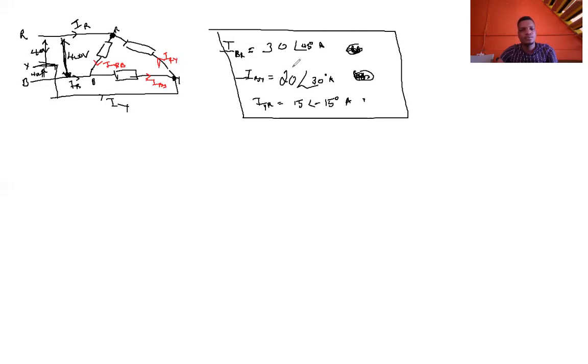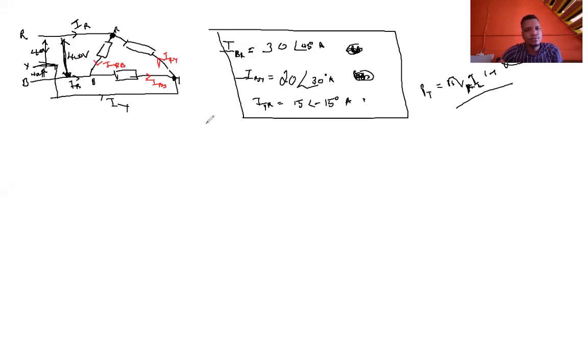So the formula for total power equal to √3 V line I line cos theta will not work in this case because we have different quantities. Let's just see how it goes.